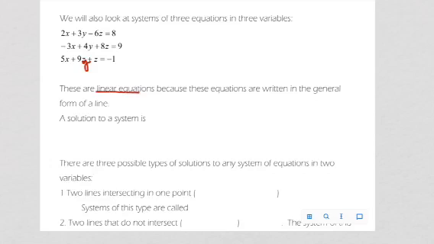Now, we're looking at solving a linear system. A solution of a system means the values for all the variables in the system that make all of the equations true simultaneously.